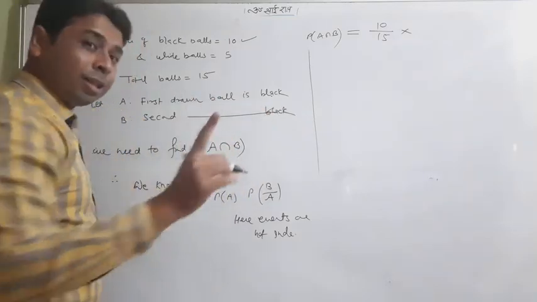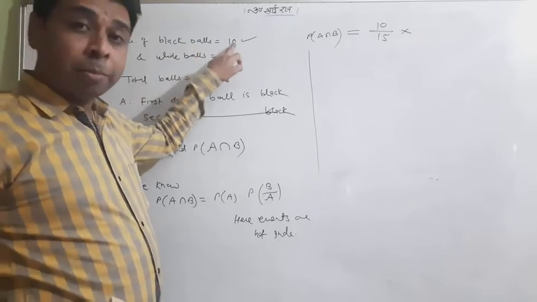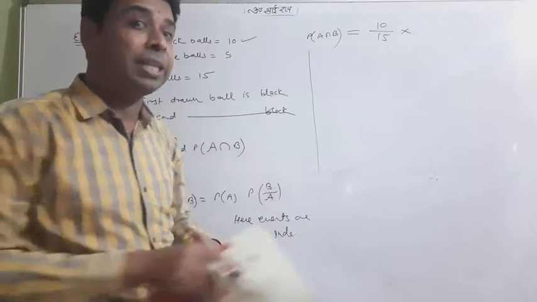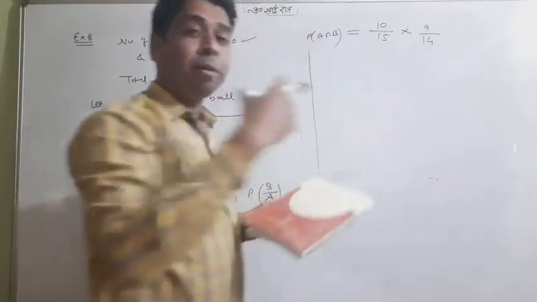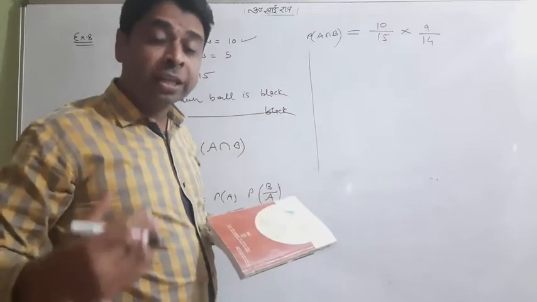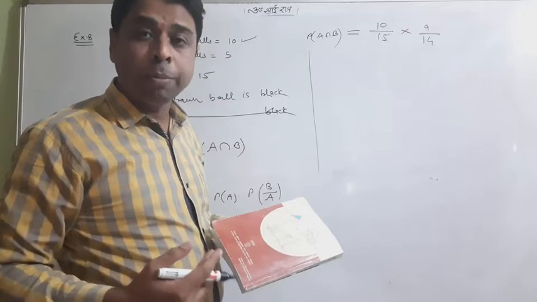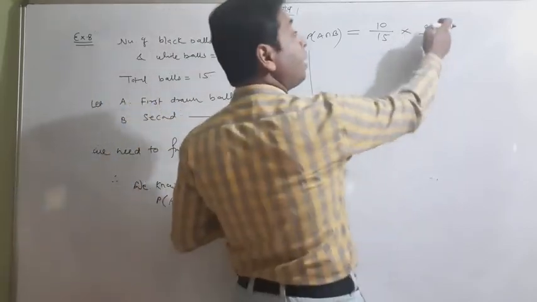So black ball. Now a very interesting thing. This time it was 10, but 1 is already drawn. So how many black balls are remaining now? 9, and upon 14, because 1 black ball is drawn and it was not replaced, the number of total balls will be 14 and the number of black balls will be 9. So the second event has 9 by 14.